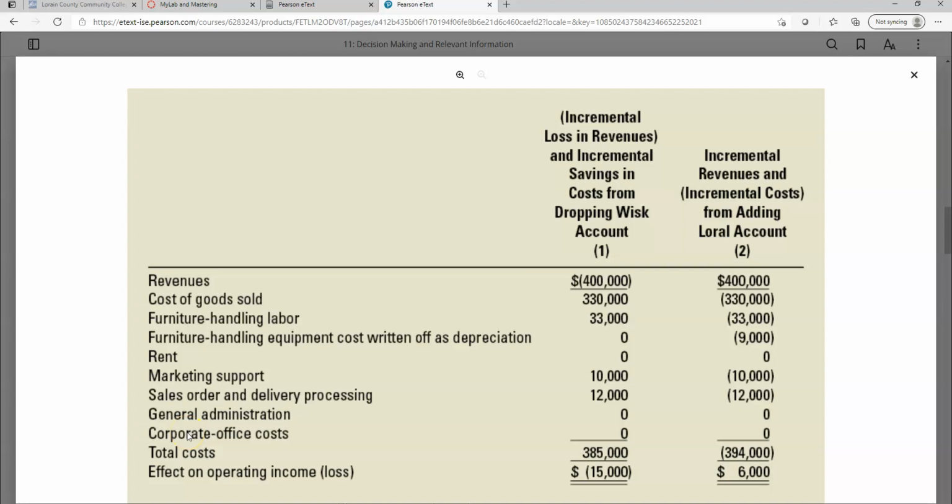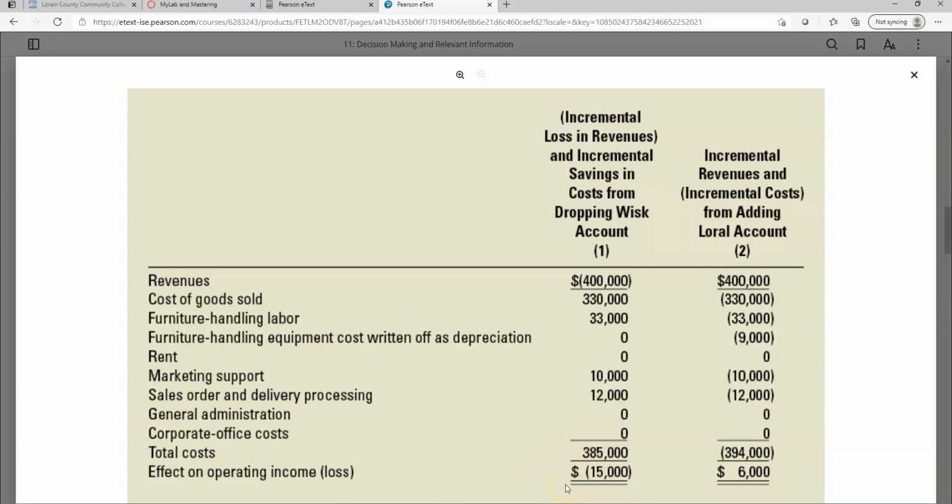The Whisk account is just assuming some of those costs on a proportional basis. Those costs are still going to be incurred. What's going to happen now, though, is the other customers are going to have to absorb those costs. So here, we should not drop Whisk, because if we do, we're going to lose $15,000 of additional operating income.